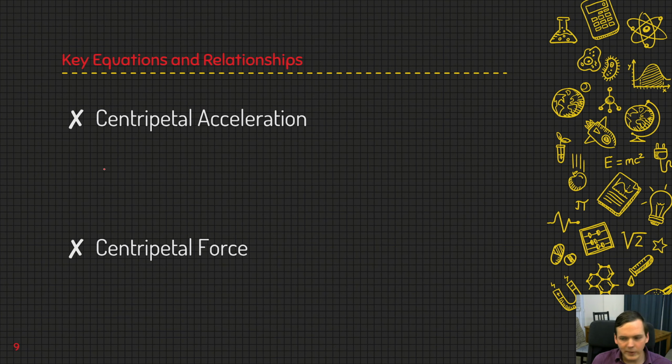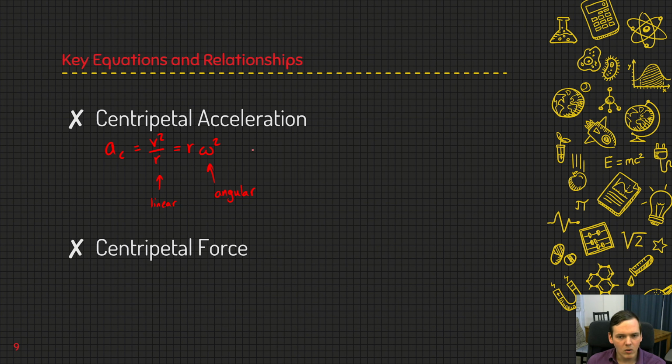All right, so key equations and relationships. The centripetal acceleration is equal to v squared over r, which is also equal to r omega squared. The first is if you're talking about linear quantities, and the second is if you're talking about angular quantities. If you know how fast the speed is, you can use the left side: square the speed and divide it by the radius.